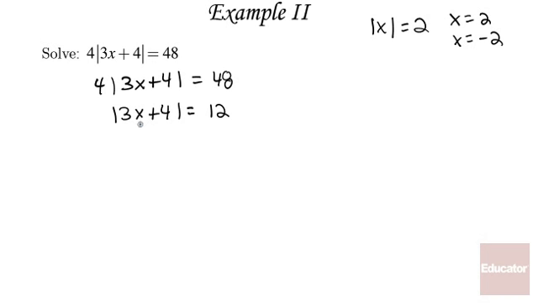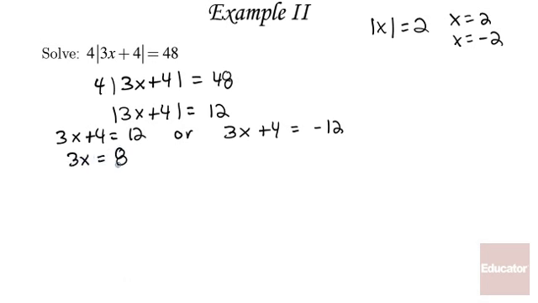So in order to get rid of these absolute value symbols, I'm going to create two related equations. 3x plus 4 equals 12, or 3x plus 4 equals negative 12. Then I'm going to solve both and check to make sure that they're valid solutions.